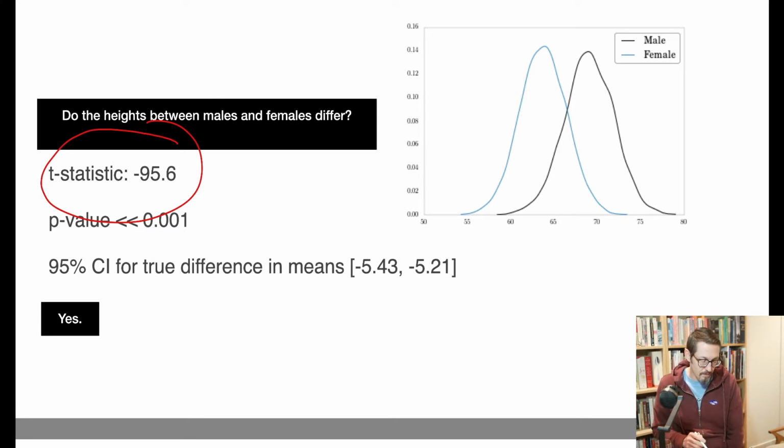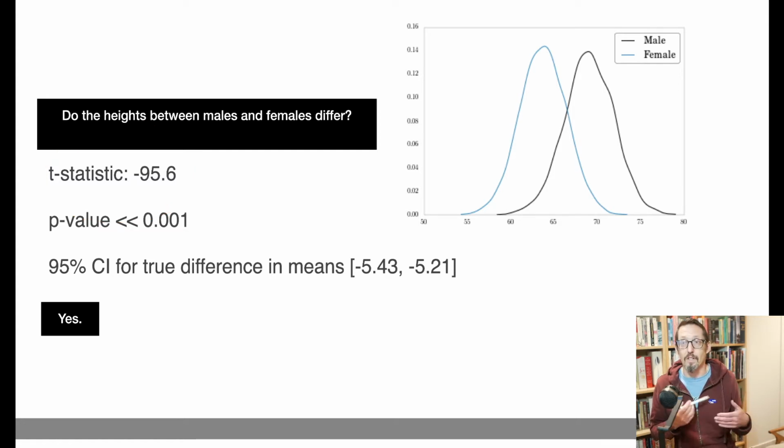Okay? Now, the t-statistic is a table you look up, and once you get that statistic, it tells you something called a p-value. Okay? It also enables you to find out what is the 95% confidence interval in the means, the true difference of means. All right?